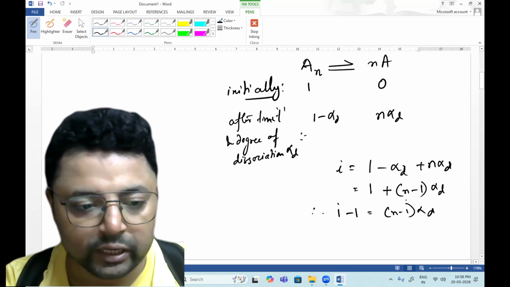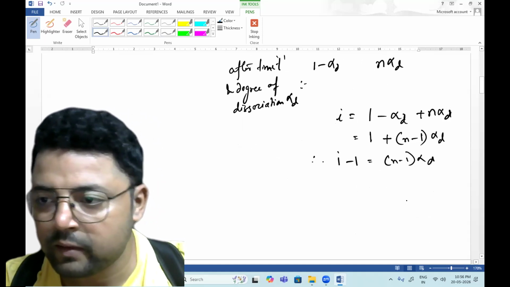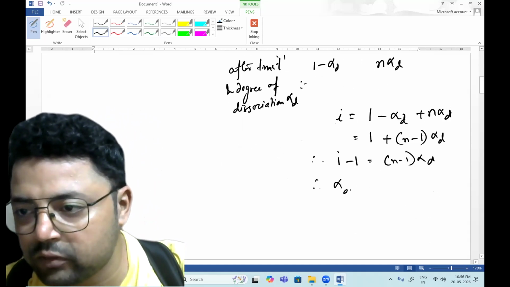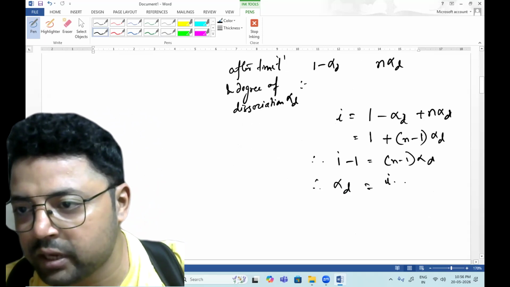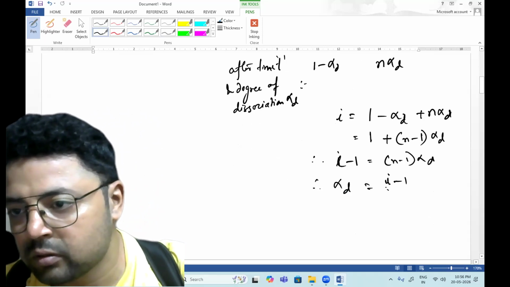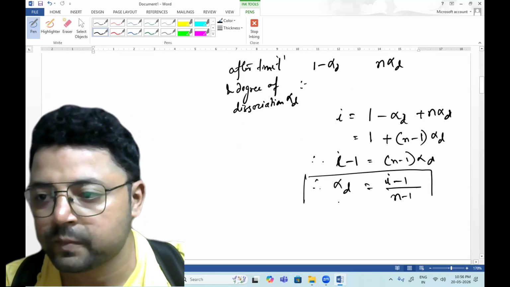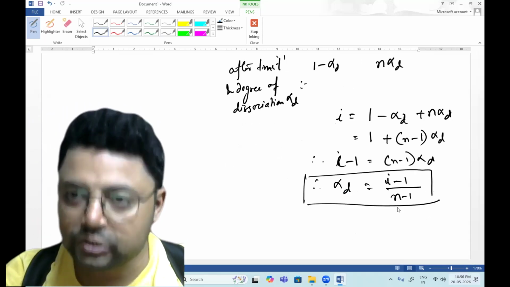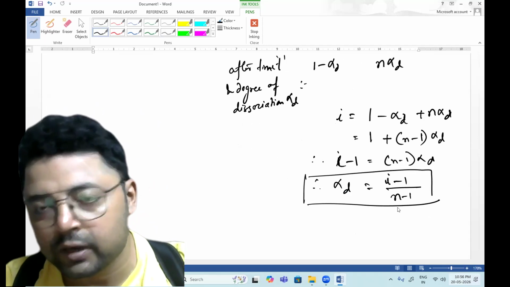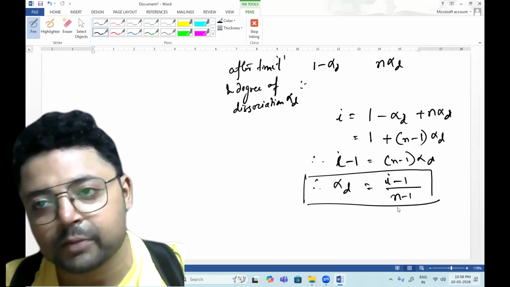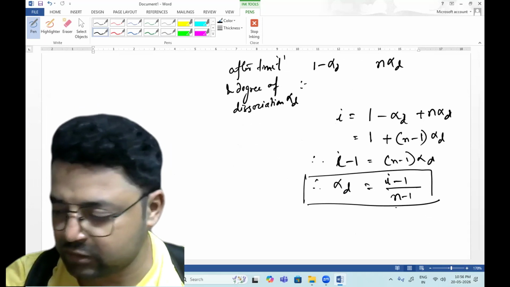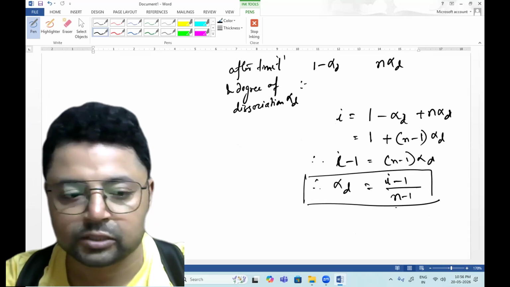Alpha D into N minus 1. So alpha D will be i minus 1 by N minus 1. This is for dissociation. My alpha D, degree of dissociation, is i minus 1 by N minus 1.